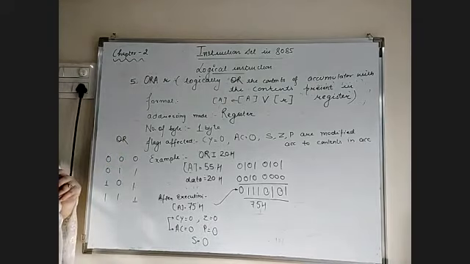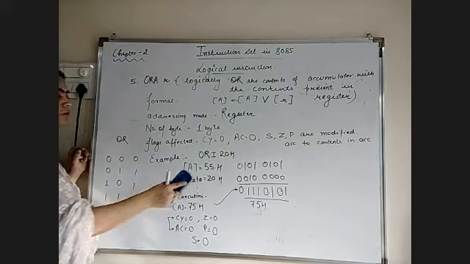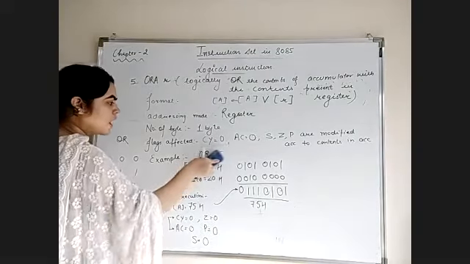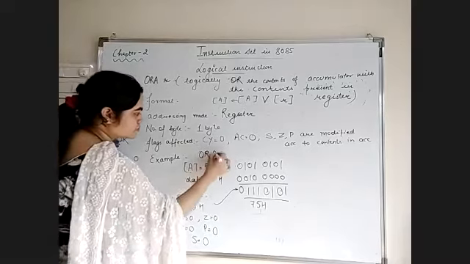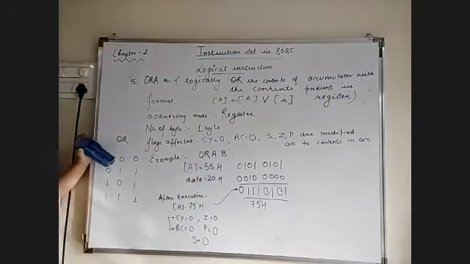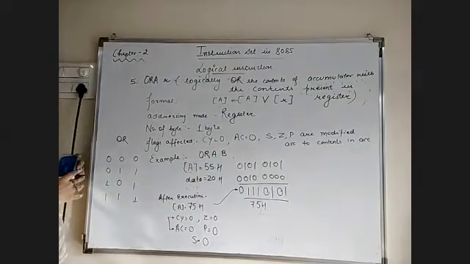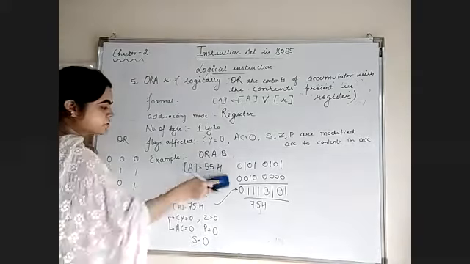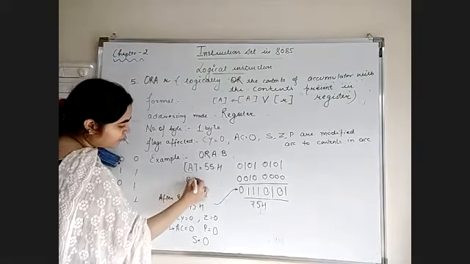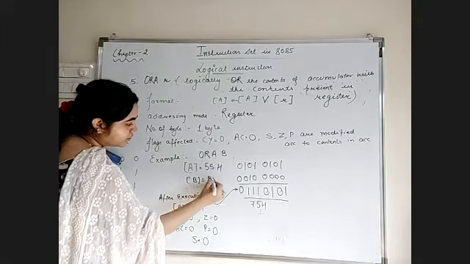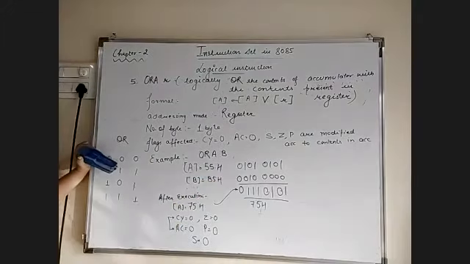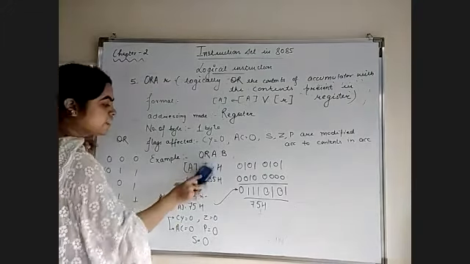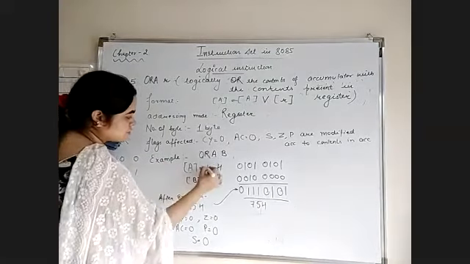Now we can see the example. Suppose we have an instruction ORA B. In the B register we have the contents B5H, and in the accumulator we have the contents A2H.